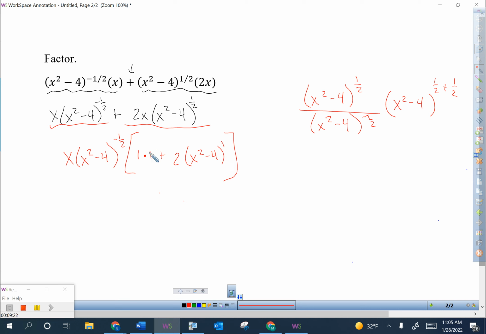Okay, so within these parentheses, I'm going to go ahead and rewrite this, x squared minus 4 to the negative 1/2 power. I've got a 1, then plus 2 times this. I'm going to go ahead and leave off that 1 at this point. And then I just want to chat for a second. A common mistake that I see folks get into here is that this thing right here gets called 3.